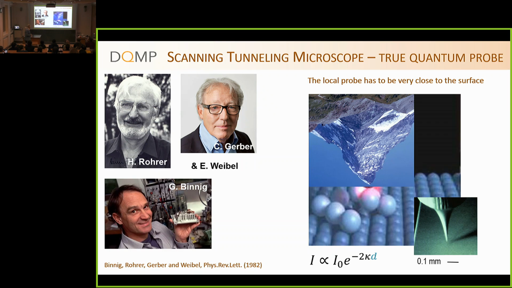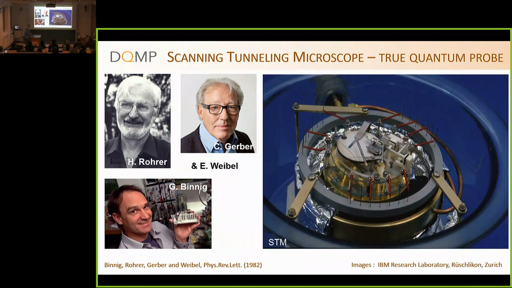Okay? The instrument they built looked something like this, where you have to see on this picture, the sample is somewhere here, and you have the tip mounted on a tripod, and I will come back to how you actually achieve these motions to scan and to approach tip and sample this close.